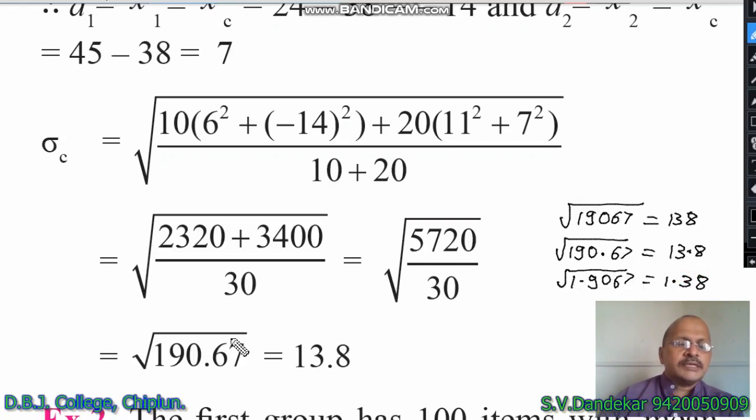Now in our case it is the square root of 190.67, so it is equal to 13.8. Suppose we have to find the square root of 1906.7, then we cannot use this value. Please note this.